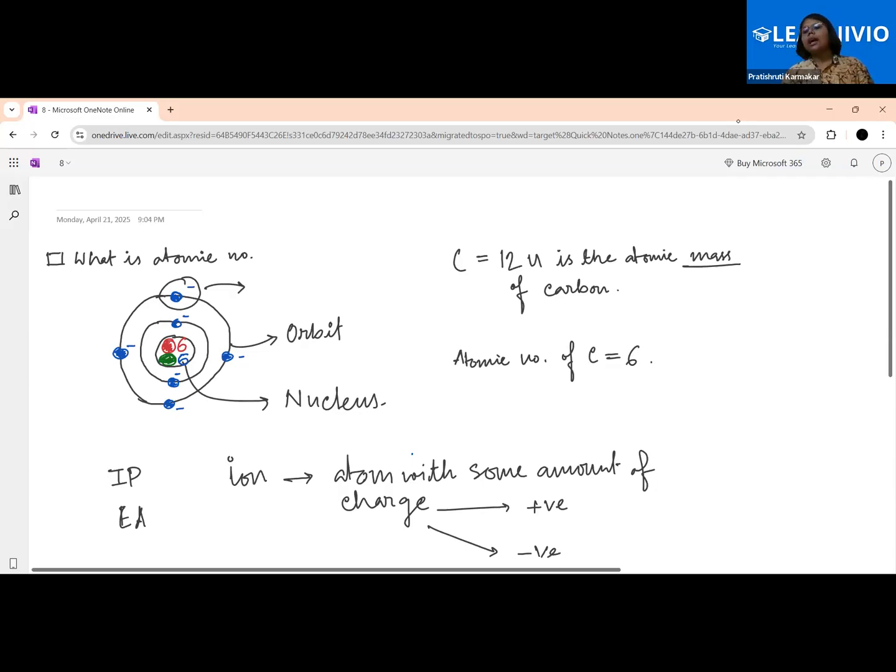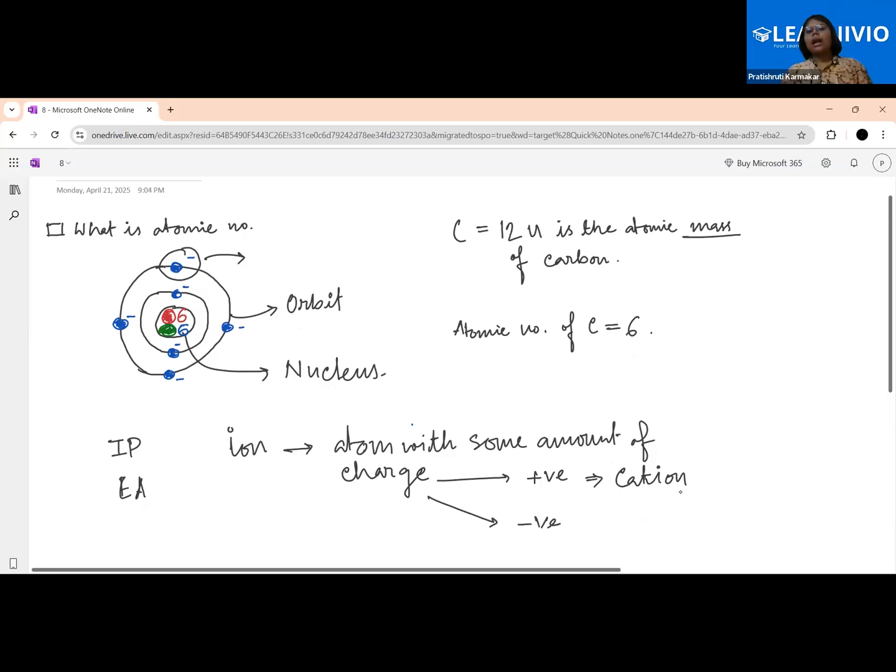When an ion is positively charged, we call it a cation. And when an atom is negatively charged, we call it an anion. Fine.